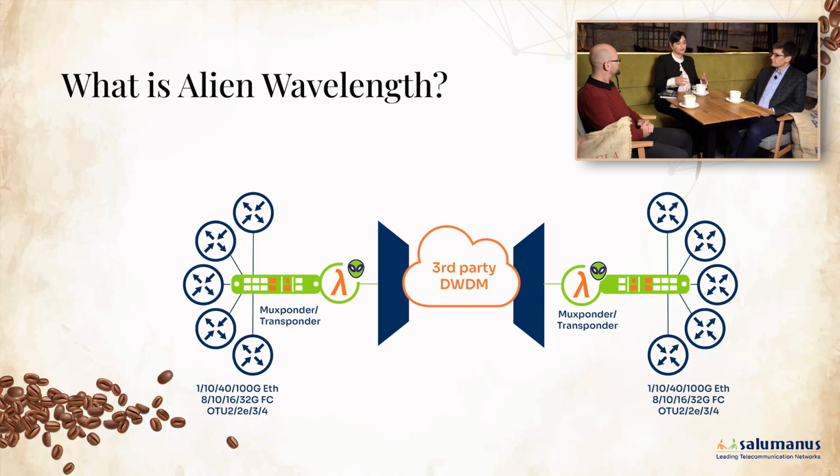So first of all, if we want to discuss what an alien wavelength is. Yes, can we describe a little bit the technology? Technically speaking, it's basically running a transport network over an existing third-party DWDM network.